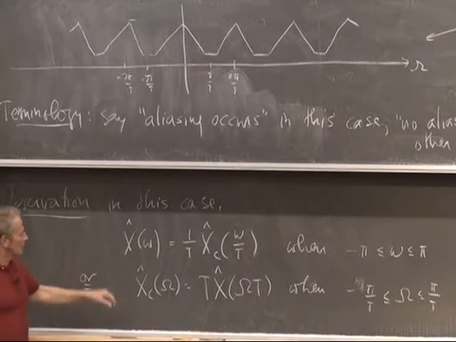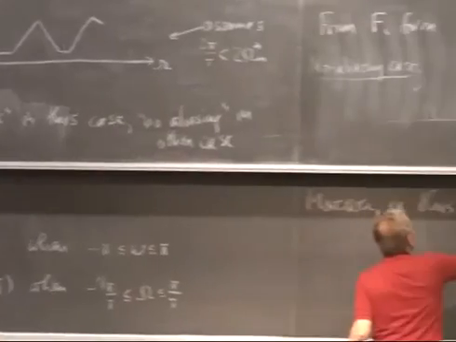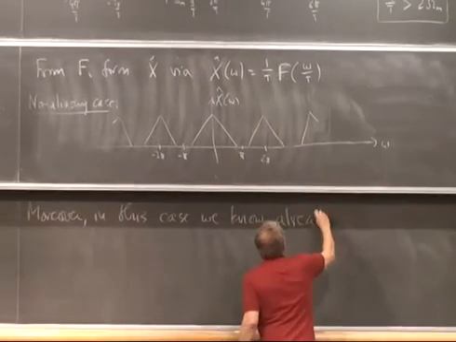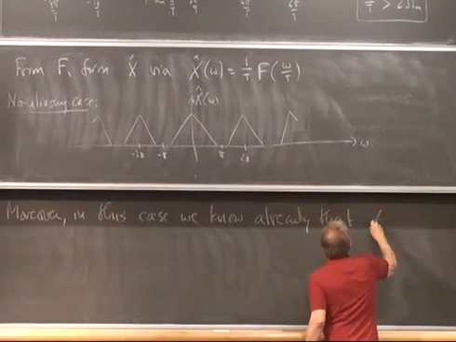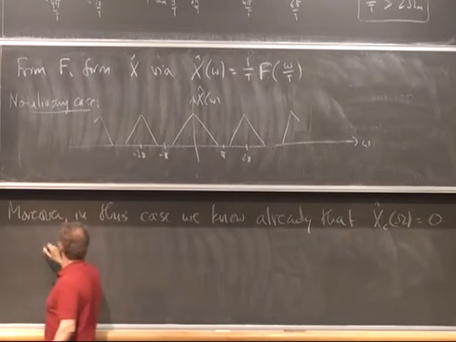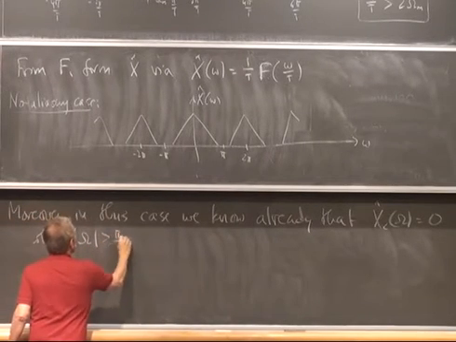And in this case, we know already that x c hat of capital Omega is equal to 0 when capital Omega is bigger than pi over T. How come?